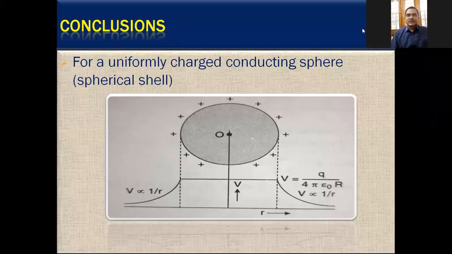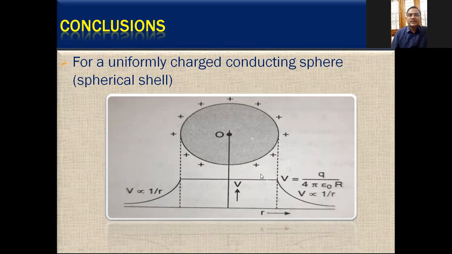So in the present discussion, first we discussed the uniformly charged conducting sphere. In that case, we have seen three cases. We considered the point outside the sphere, on the surface, and inside the sphere. Outside the sphere, V decreases inversely proportional to the distance of the point, so we got the formula V equals 1 by 4 pi epsilon naught Q by small r.